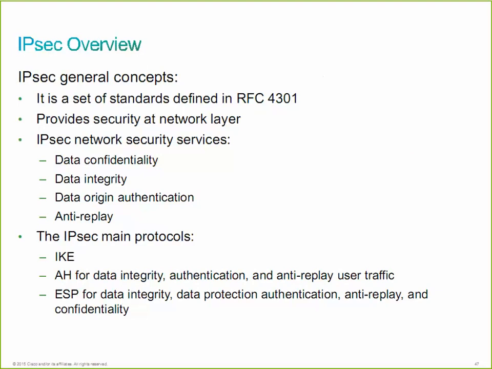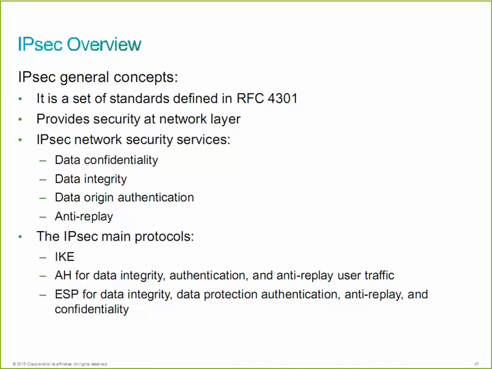Data origin authentication comes from RSA or DSA or maybe a pre-shared key. And then we also have anti-replay security services, because we're able to identify whether or not data is being copied and replayed in our environment.